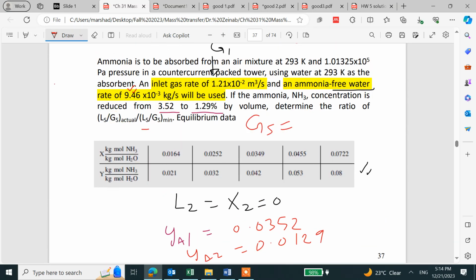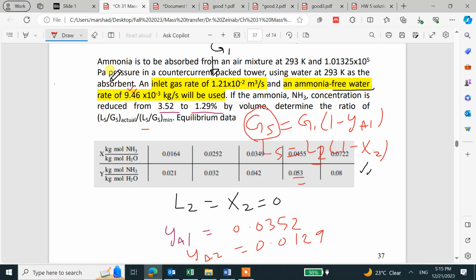GS will be G1 times 1 minus YA1. LS will be L2 times 1 minus X2, right? X2 is 0, so LS will be the same as L2, and the solute free gas flow rate GS we can find.